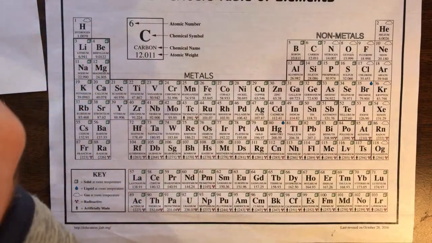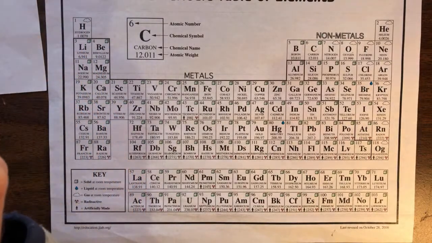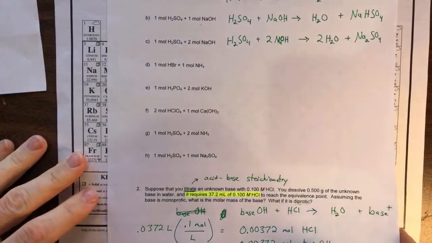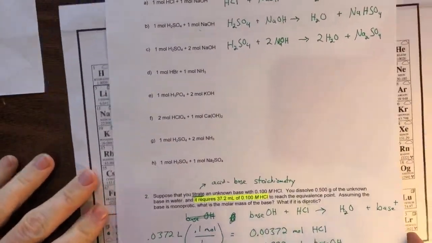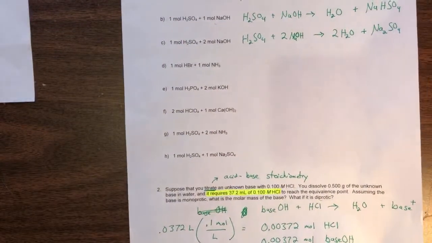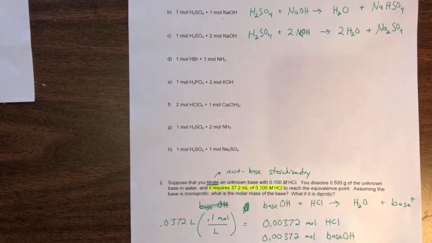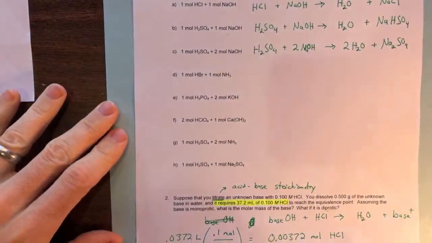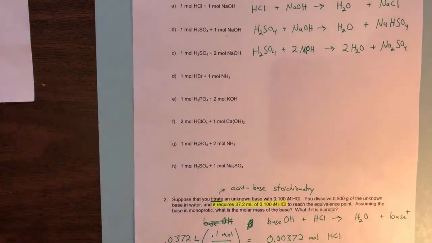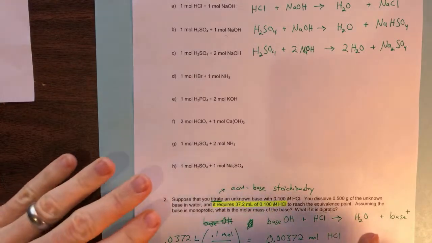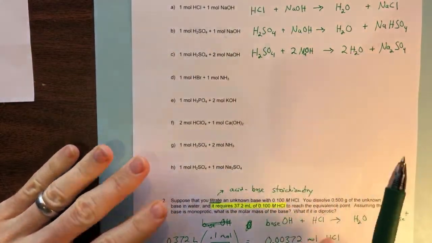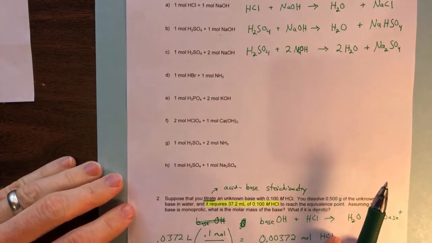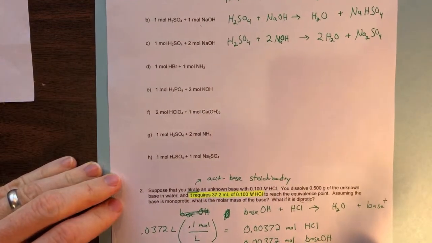We've got a few things that we want to go through and just make sure we're understanding correctly. The front page may have been a bit of a challenge, but it shouldn't have been. The front page, we're looking at acid-base neutralization reactions. Last time we went through the first three, and now we're going to finish up these. Make sure your homework is in, and let's go ahead and go over it now.